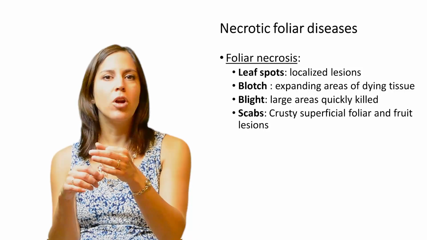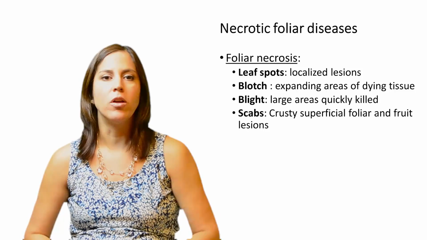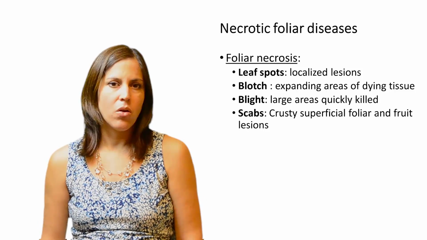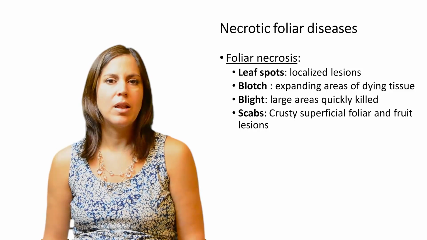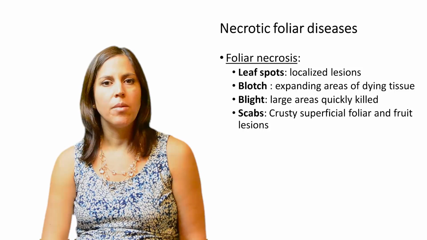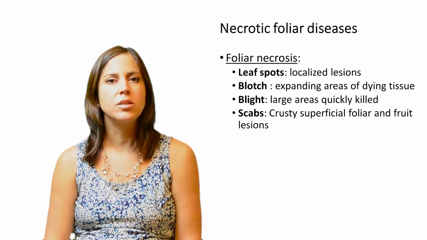So you may start with a leaf spot, but then it's going to continue growing and create a blotch. A blight is also necrosis, but it's large areas that are quickly killed. And we're going to be discussing some of this type of symptoms.